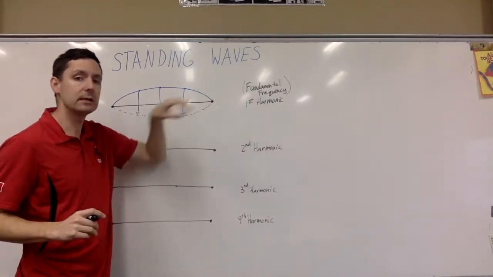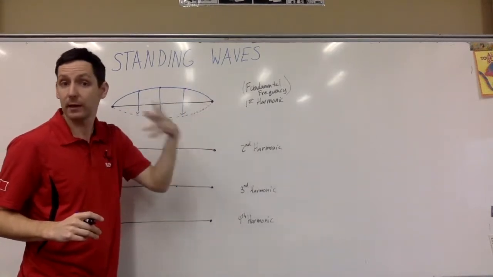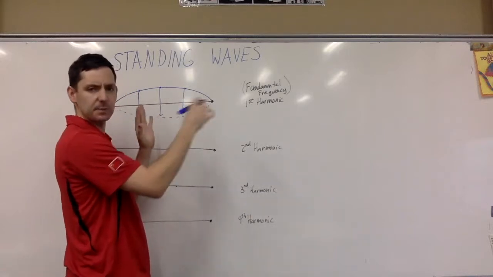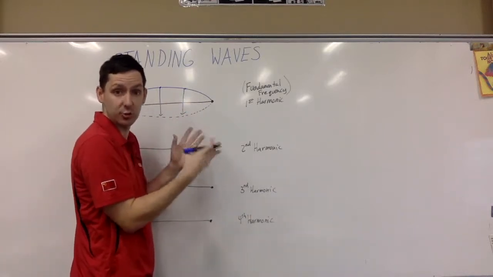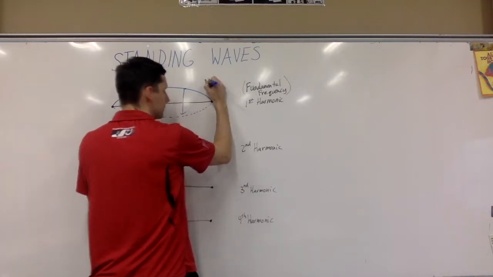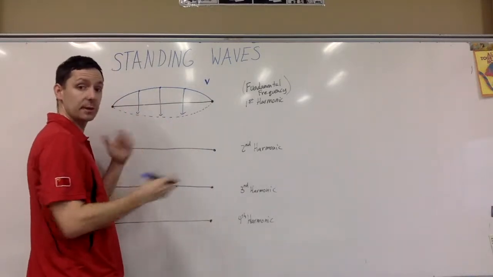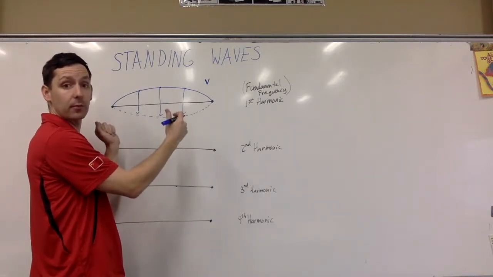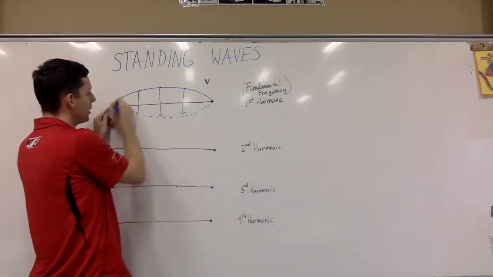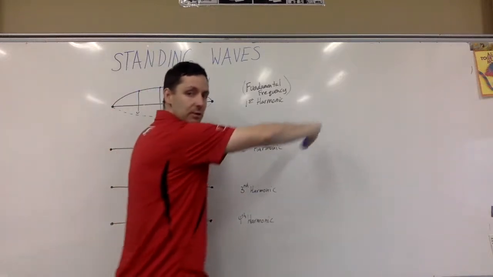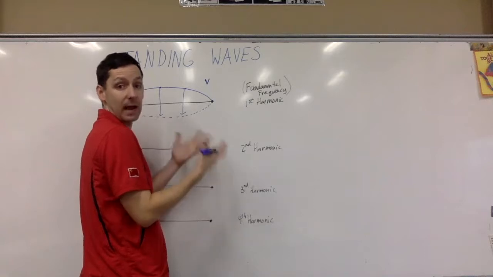Now let's relate this to the wavelength and the frequency. We know that the speed in this specific string, this string being our medium, is going to have a specific velocity. That velocity will be important when we find the frequency, because what I can get here is the wavelength, right? I can see that I'm going from a node up to the top, down to the middle, which is half of a wave. I still need to go down to the other side. So this is half of a wave.